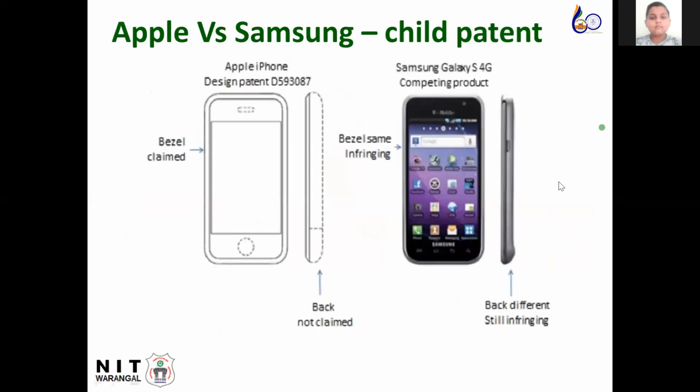So you might have heard about this Apple versus Samsung patent, because when Samsung released the S4G, it had similar features to that of iPhone. So that was a big quarrel.